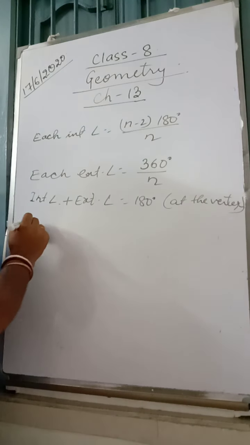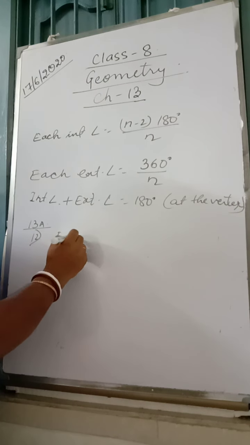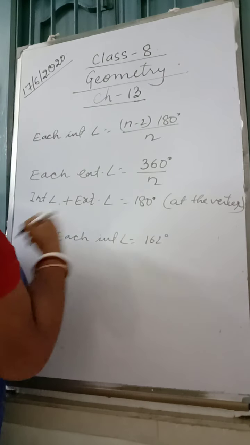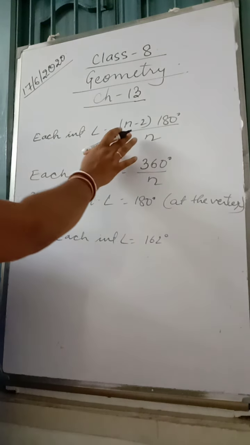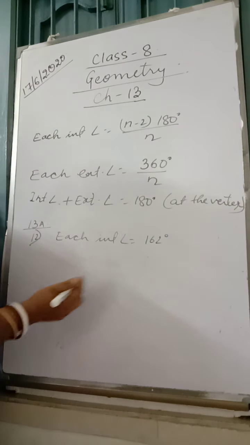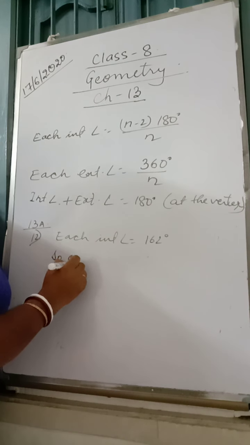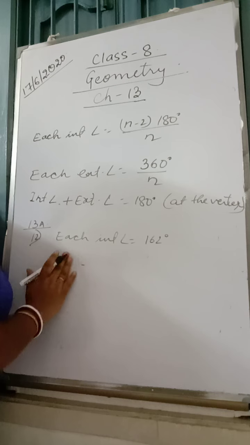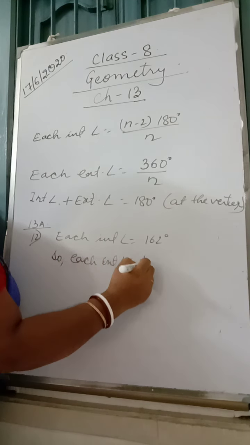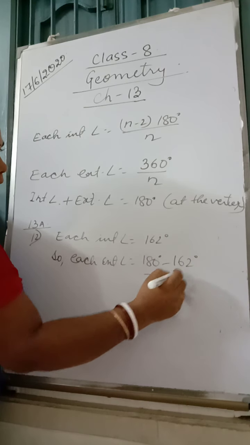Okay. Now, question 13A, question number 12, it says each interior angle is 162 degrees. If we go with this formula, we can get N. Or the simpler way, if we get the exterior angle, each exterior angle would be 180 minus 162, or 18 degrees.